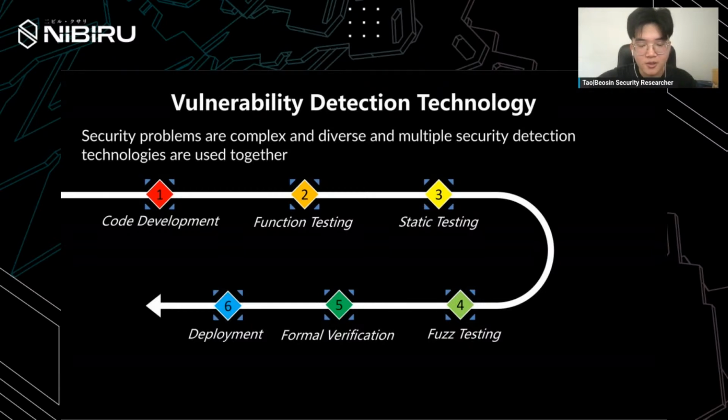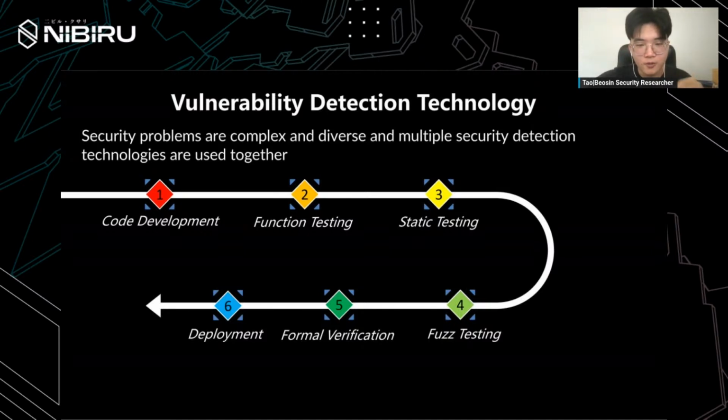A rigorous and secure business logic in your protocol is paramount for your project security. So after you have designed a secure business logic in your protocol, then you can do the code development.